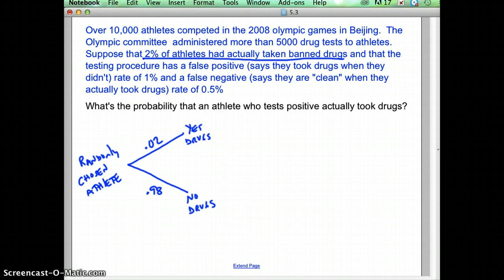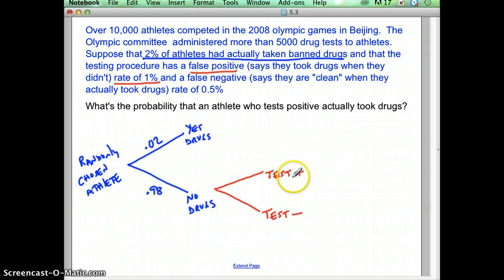Okay, then we have to read this very carefully. A false positive says they took drugs when they didn't. Okay, so they did not take drugs. Those that did not take drugs could test positive or they could test negative. So it says a false positive had a rate of 1%. It says they took the drugs when they didn't.